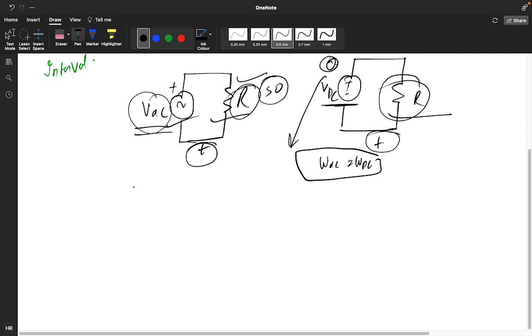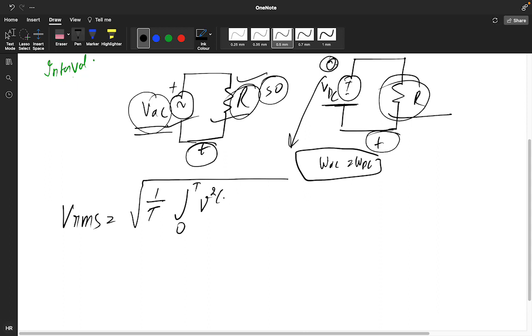So how do we find the RMS value? Vrms is nothing but root mean square: 1 by T over the time period 0 to T, into the square of the signal into dt. Root mean square means you are taking the square of the signal, then its mean average, then the root.